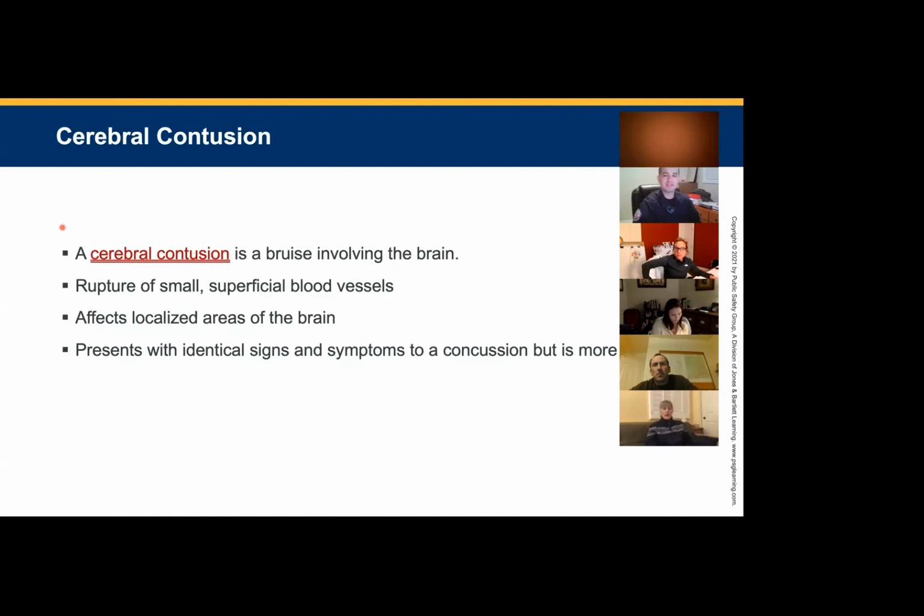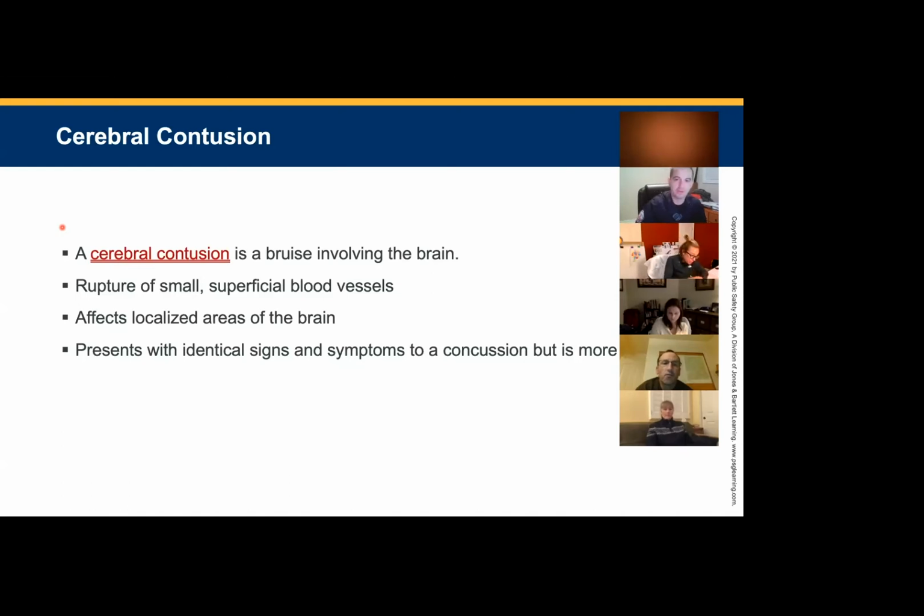So if the signs and symptoms are very similar to a concussion, how can you tell the difference between a concussion and a cerebral contusion? Asking those questions, person, place, time, event. But patients may present identical to that of a concussion.